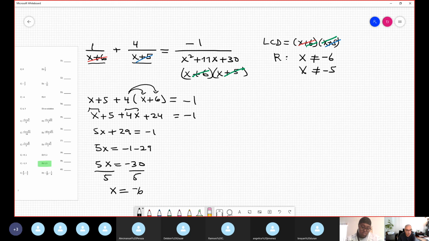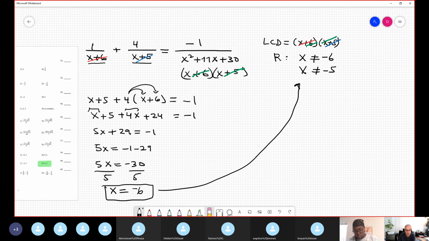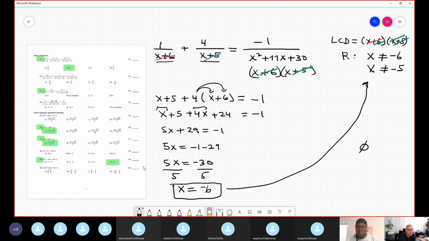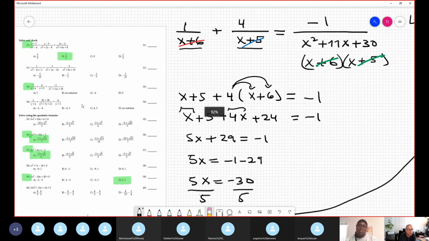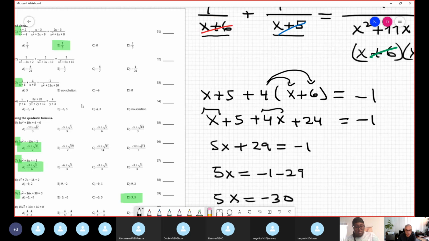In this case, we coincide with the restrictions. That solution that we found is no good. And the answer is no solution. Okay, this is important. Not always happens.